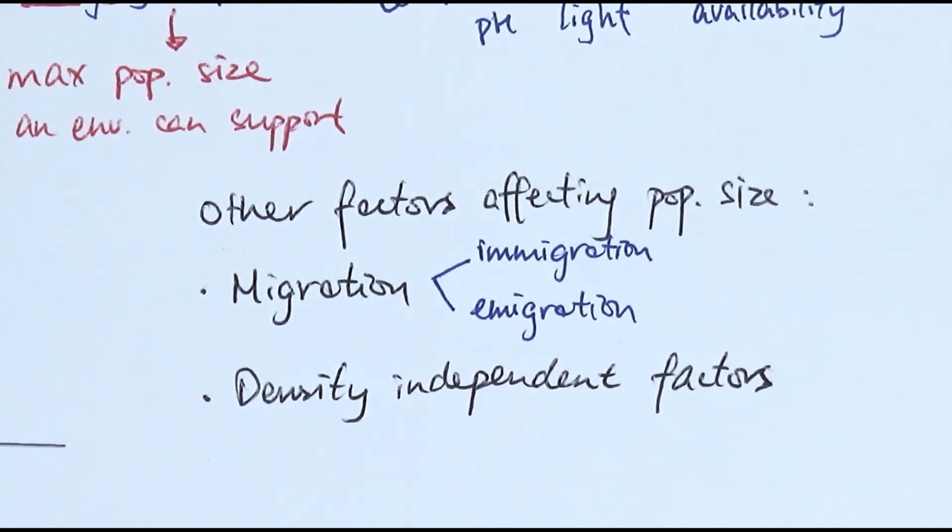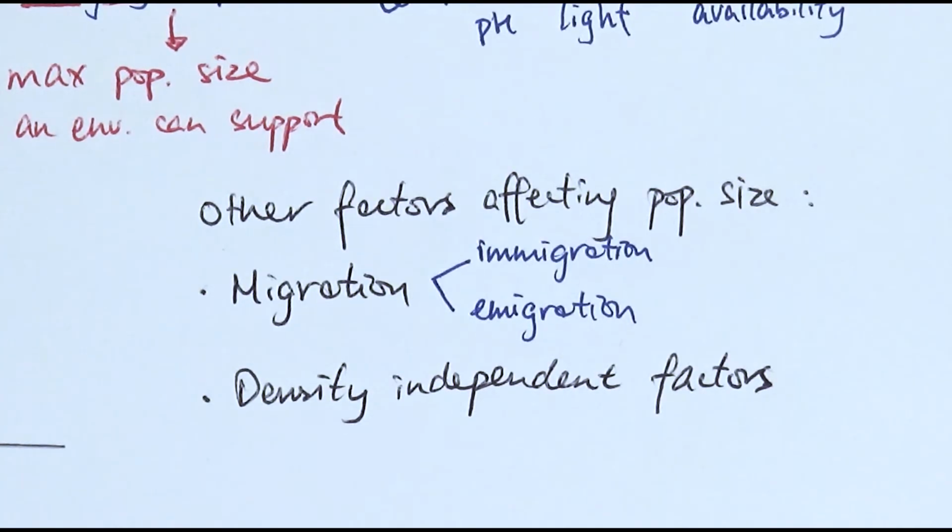Like we talk about immigrants, people coming from other countries into your own country. So immigration means organisms moving into a new habitat. Emigration means organisms moving out of a place. So when the season changes and there are birds that would fly from one habitat to the next, we say that they are emigrating from their original habitat and then immigrating into the next one.